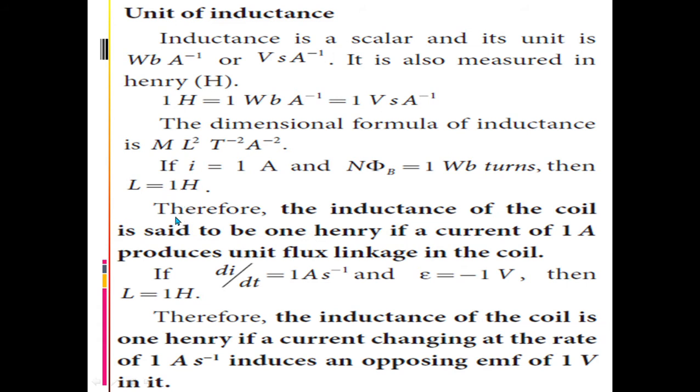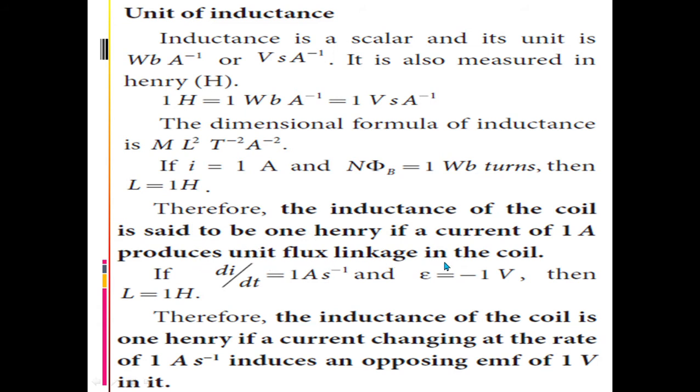Therefore the inductance of the coil is said to be 1 Henry if a current of 1 ampere produces unit flux linkage in the coil. This is a very important 2-mark definition. What is meant by 1 Henry? The inductance of the coil is said to be 1 Henry if a current of 1 ampere produces unit flux linkage in the coil.